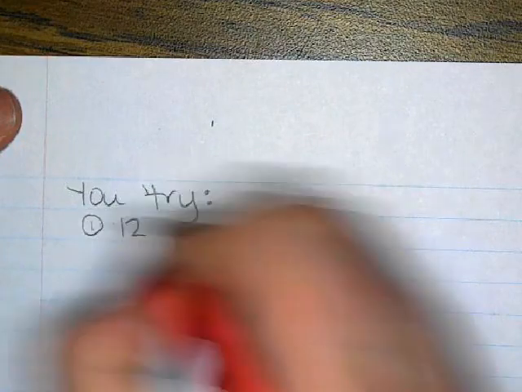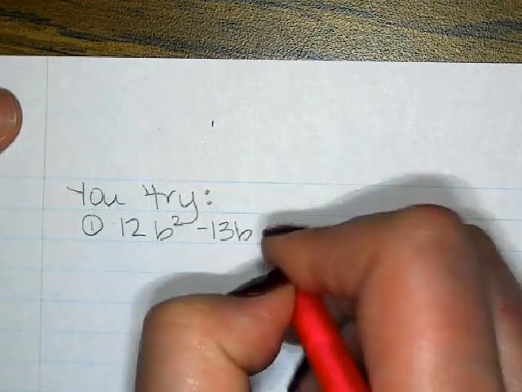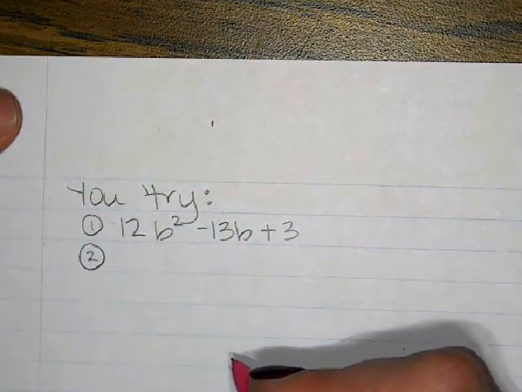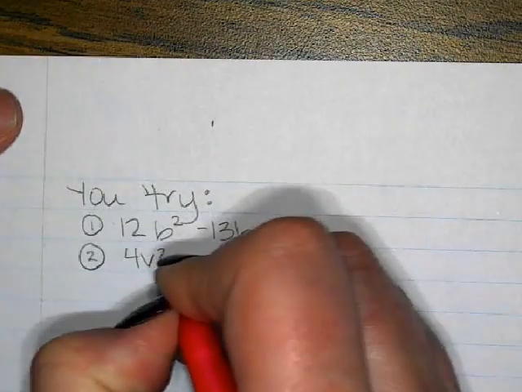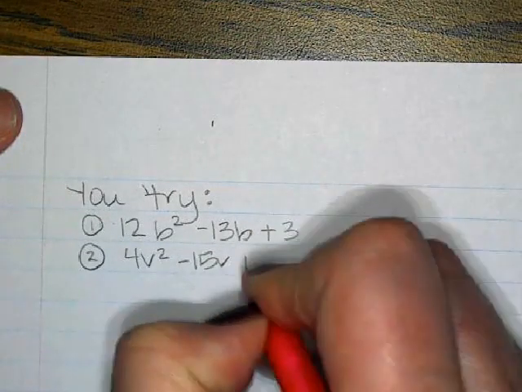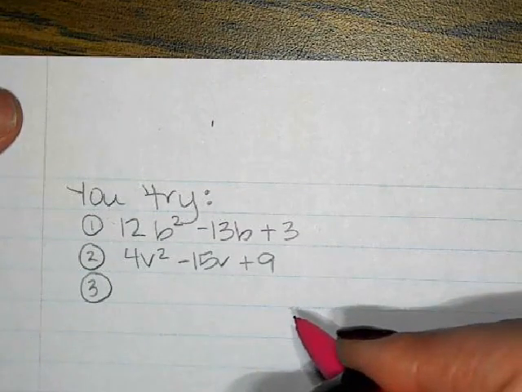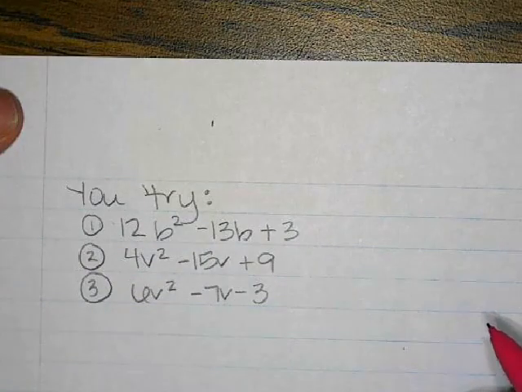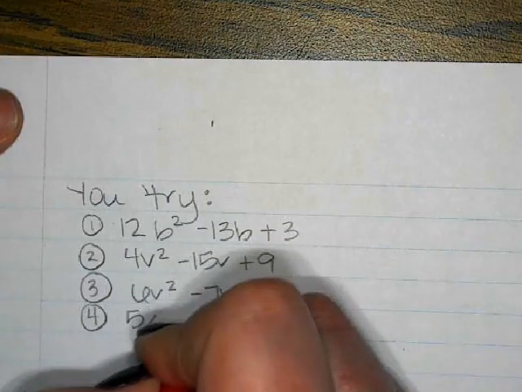12b squared minus 13b plus 3. 4v squared minus 15v plus 9. 6v squared minus 7v minus 3. 5x squared plus 18x minus 8.